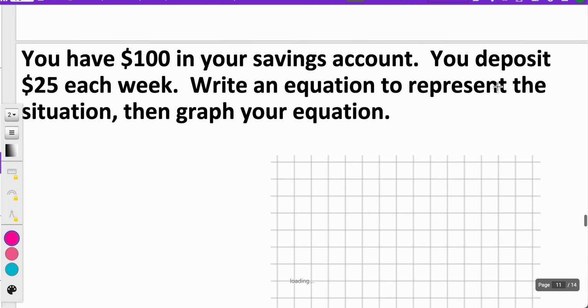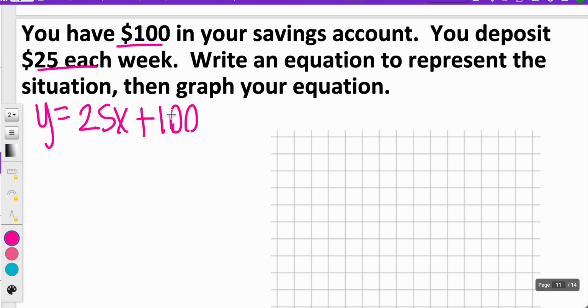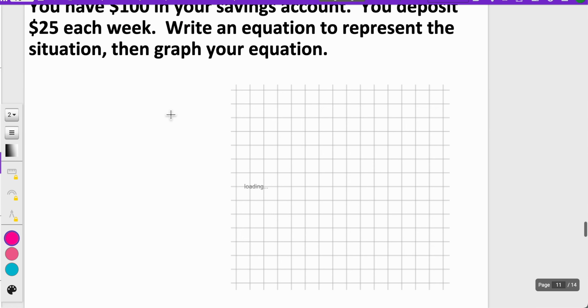Okay? The next few are just creating points and then graphing your situation. So you have $100 in your savings account, deposit $25 each week. So that's going to be represented by y is equal to 25x plus 100, because weeks could change. 100 is what you start with.